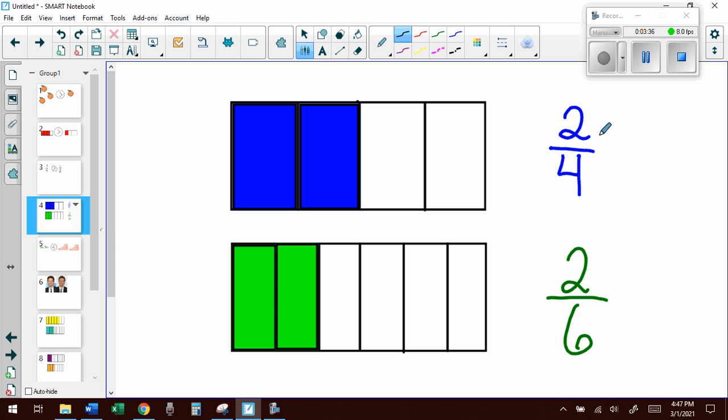Even if my numerators are the same, the denominator is smaller in fourths, so my pieces are going to be larger.